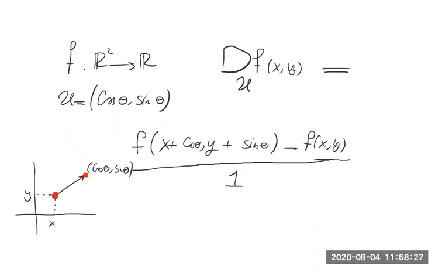Now you might say, rather than one step, you might take 1/2 of this step. So I can go in direction of cosine by 1/2 and in direction of sine by 1/2. So it would be like looking at f at the point x plus 1/2 cosine of theta and y plus 1/2 sine of theta, and then subtracting f. But because it would take half of the time to go there, I should divide by 1/2 to get the rate of change in that direction.